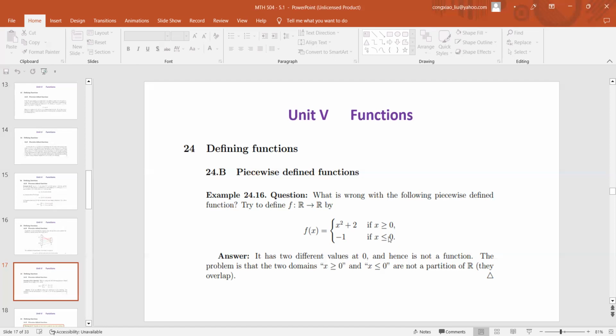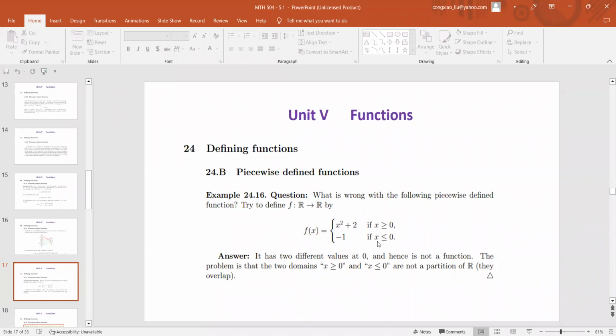It is because of the partition of the domain. The domain is all real numbers, and you partition it into two subsets. One is the subset of non-negative numbers, x greater than or equal to 0, and the other part is x less than or equal to 0, which are non-positive numbers.